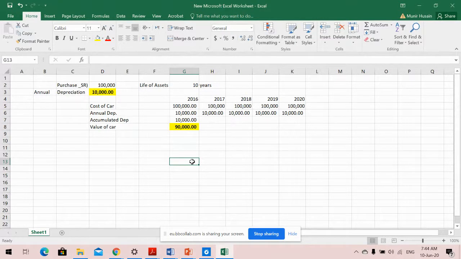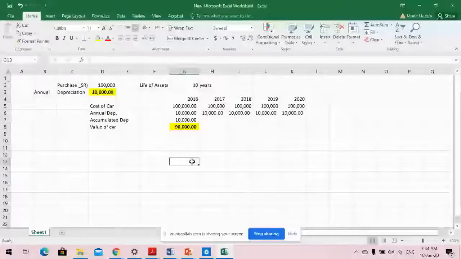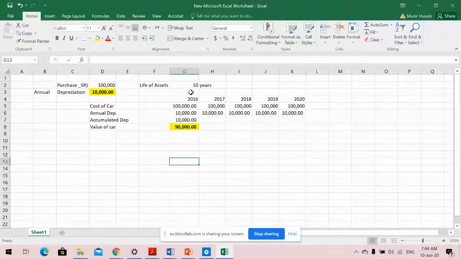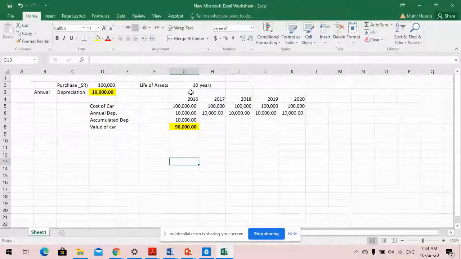This is what we think based on our usage. What is in the market when we go and sell it in Haraj, that is something else. That is a market value. Now understand this: in accounting, when we purchase our asset as of today, because we don't know what will be in the market, we assess that based on feedback from engineers, not only for cars but for equipment, for machines, for machinery.